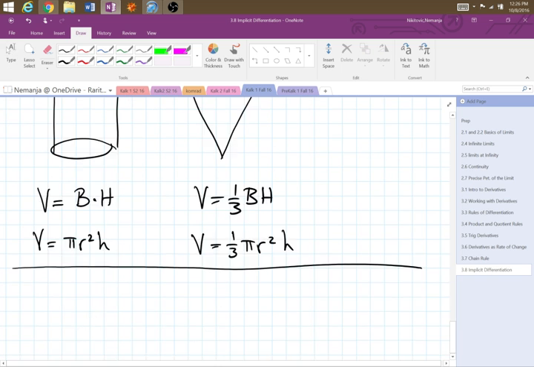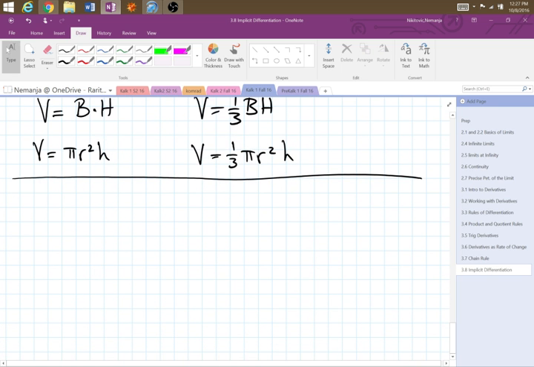Let's talk about examples from the textbook. Problem 8 says y squared plus 3x equals 8.